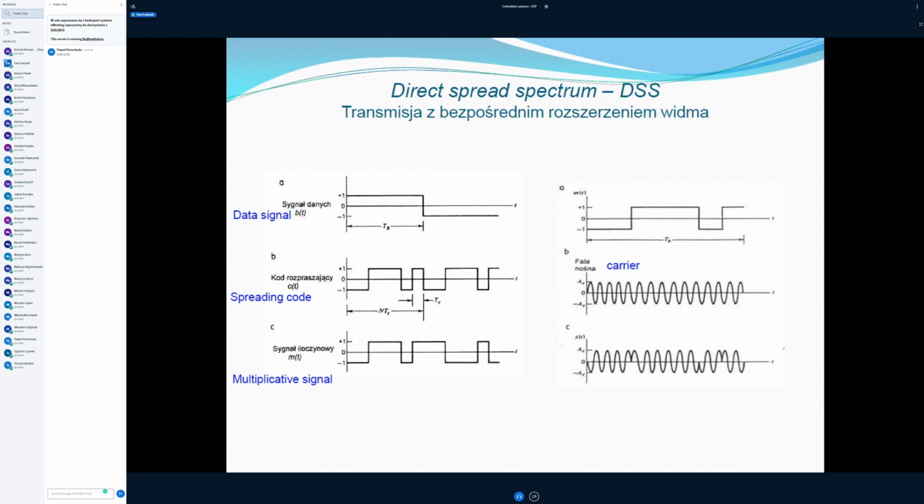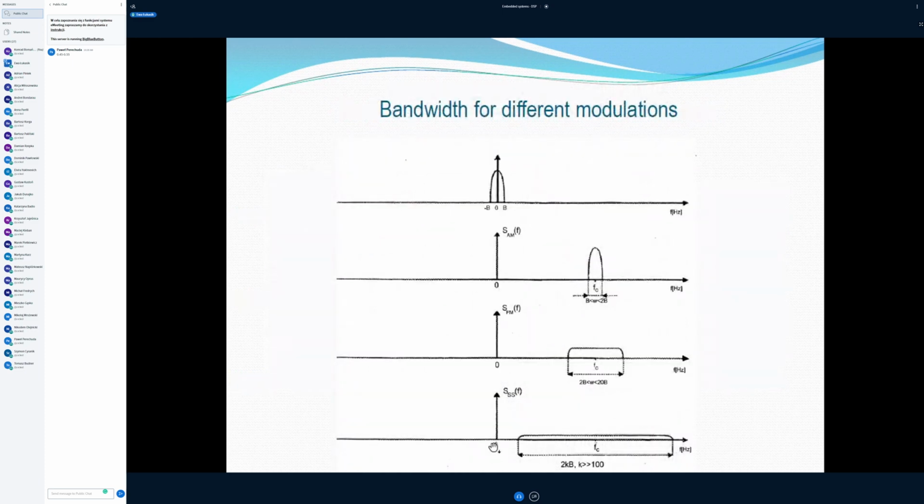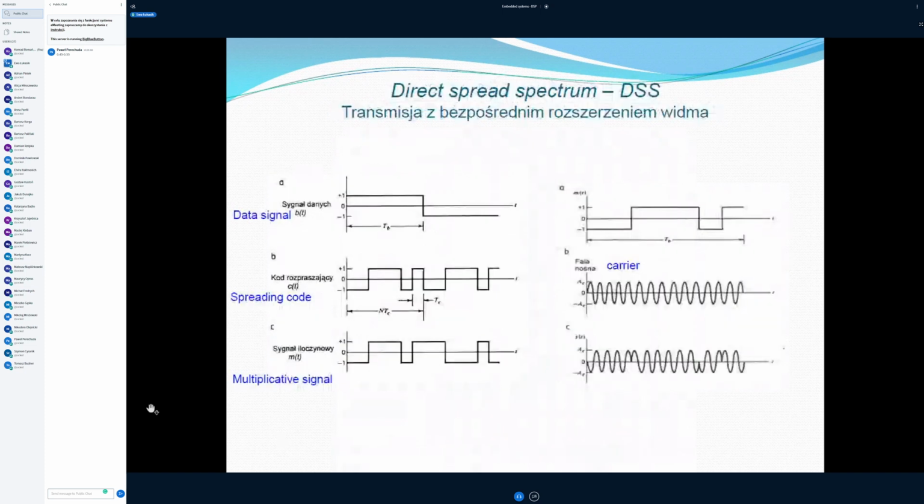And now we are moving to spread spectrum systems. So we are moving to this last example here. How it works. First of all, I have to say that it was discovered and used in military applications. Why?